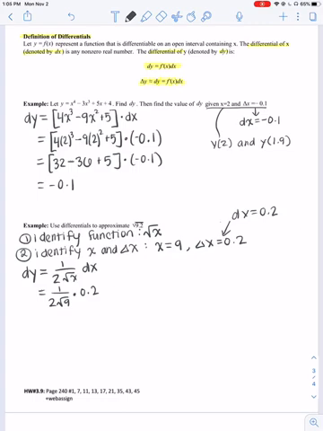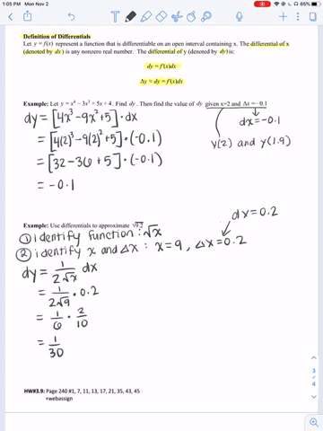Okay, square root 9 is 3, so it looks like we have 1 over 6 times 0.2. 0.2 is 2/10. And so this is 1 over 30. So I'm getting 1 over 30 as my dy.